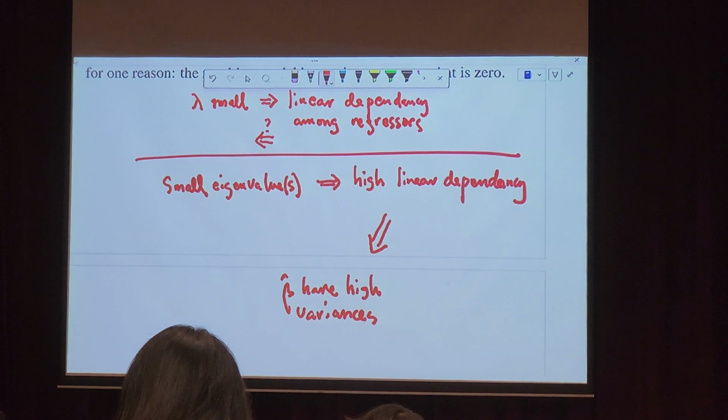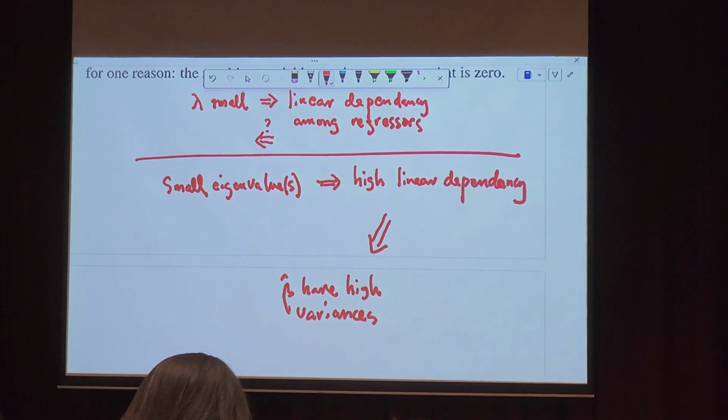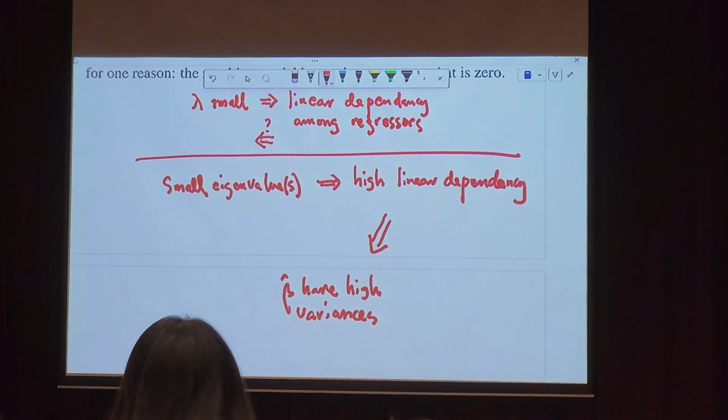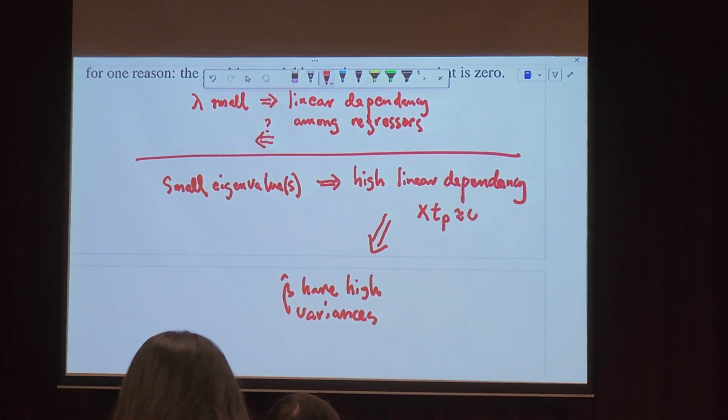So if there is high dependency, then what happens here is you will have this X times, for example, the last one will be close to 0, right? In our study.